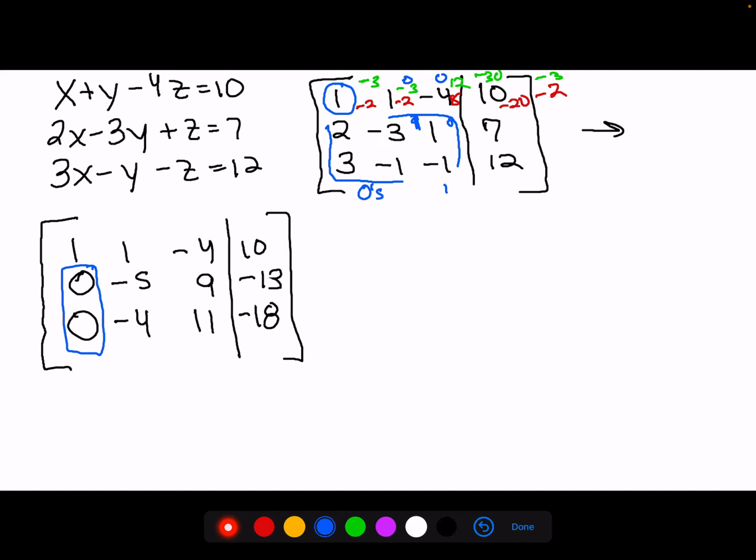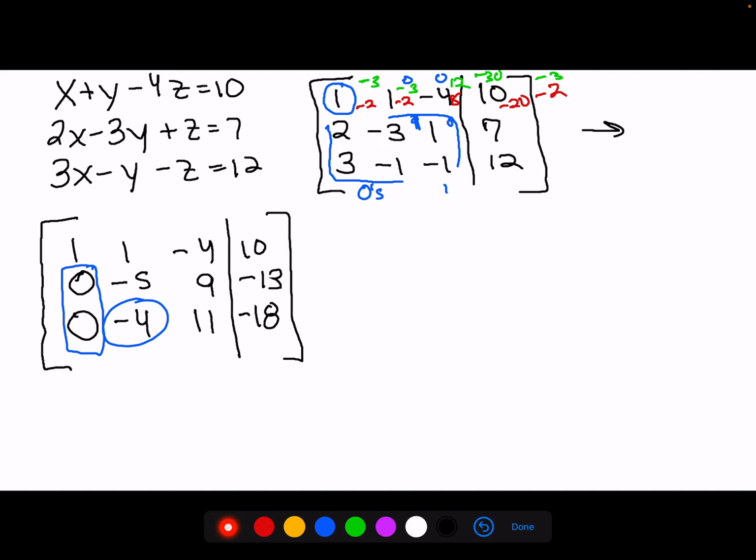My next goal is going to be to get a 0 here at the negative 4. So I'm going to just get that little triangle of zeros. So how can I do that? Well, I want to keep the 0 in the first spot in that row.